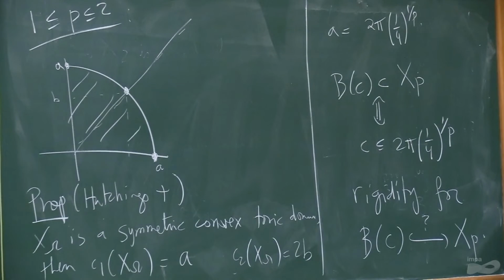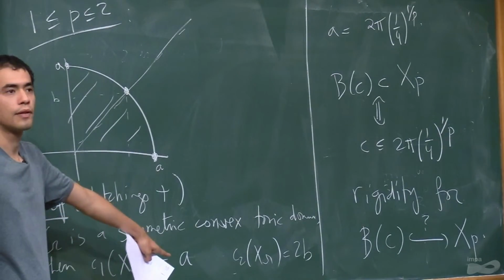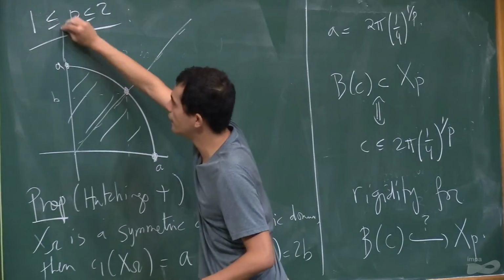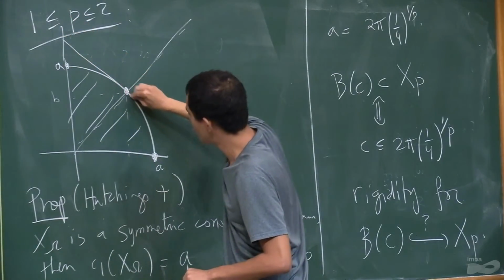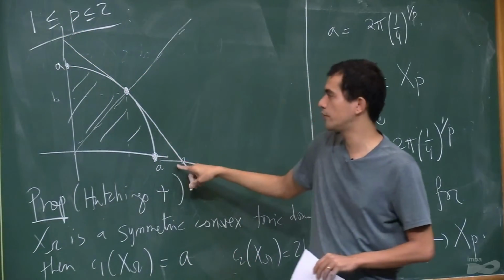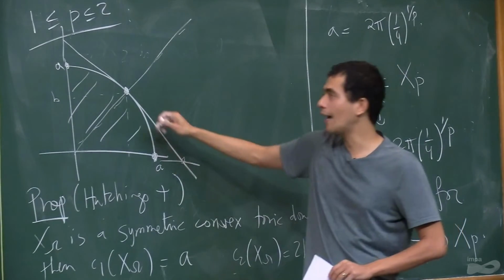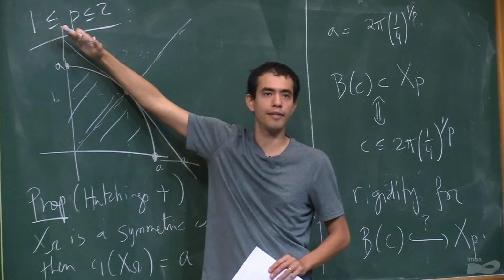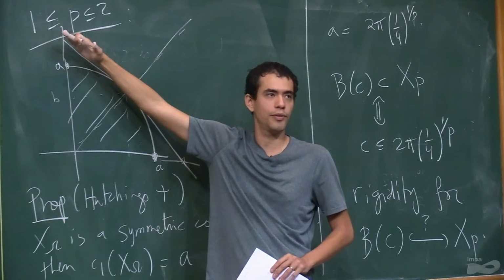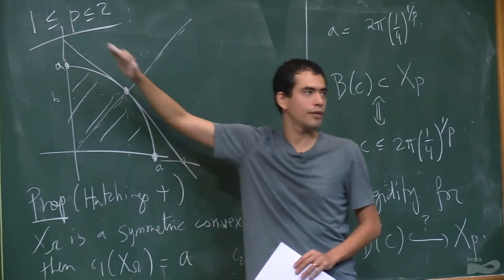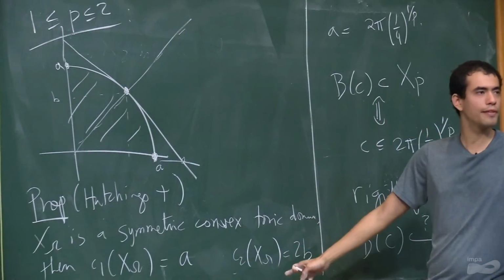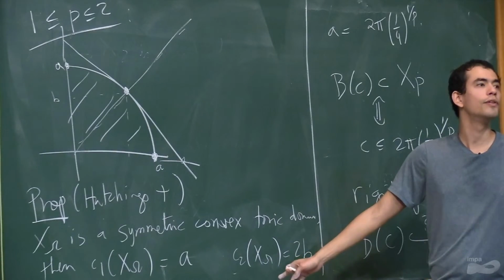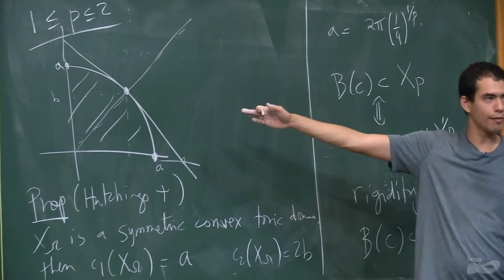Okay, and in the opposite direction, if you try to embed this set into a ball, then I told you how to compute C2. And it's pretty easy to see that the ball with capacity 2b is exactly the smallest ball that this domain fits into. So basically, with a similar argument using C2, you get that the toric problem is rigid.